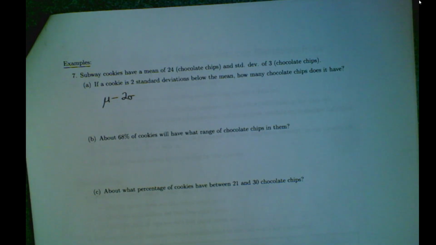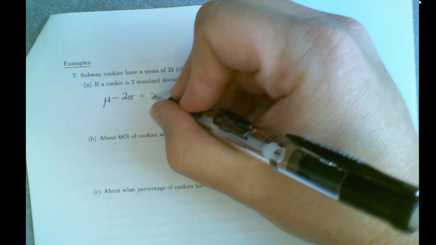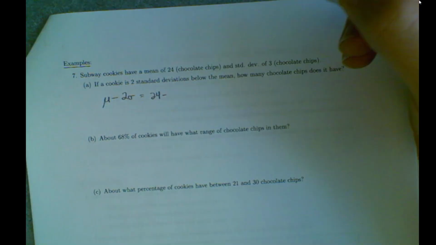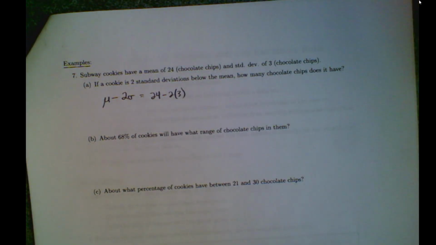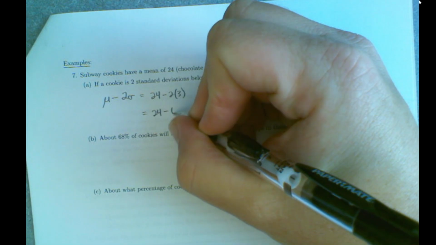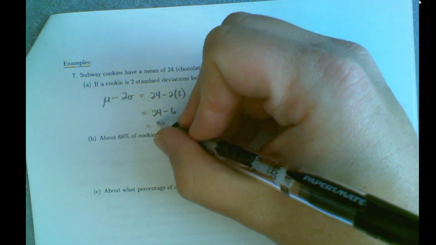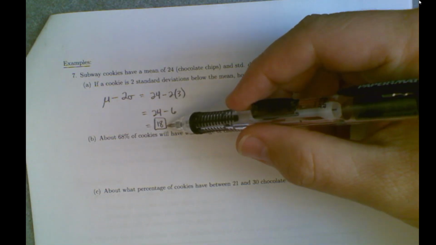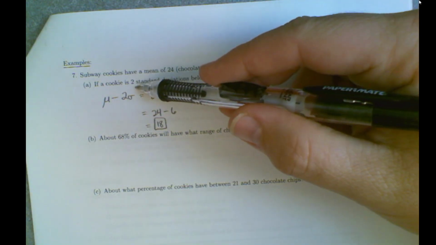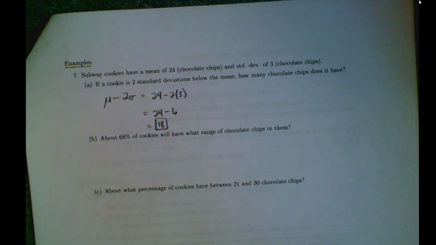In this case, that would be 24 minus 2 times 3, which you could plug into Desmos, but this one is easy enough. I think I can do it in my head. I know that 2 times 3 is 6, and I know that 24 minus 6 is 18. So if a cookie has 18 chocolate chips in it, then it's 2 standard deviations below the mean. Okay.